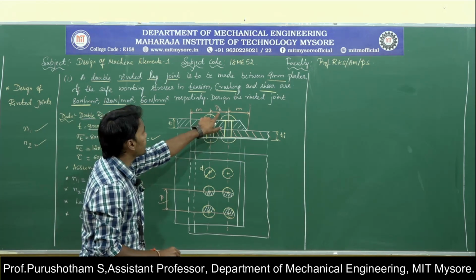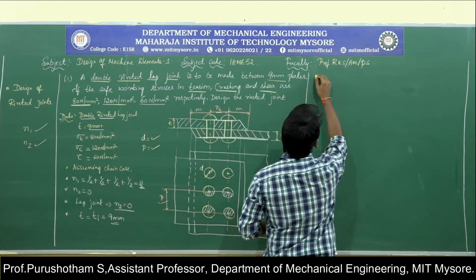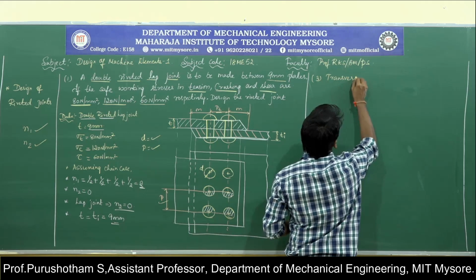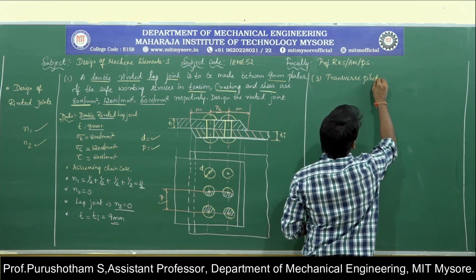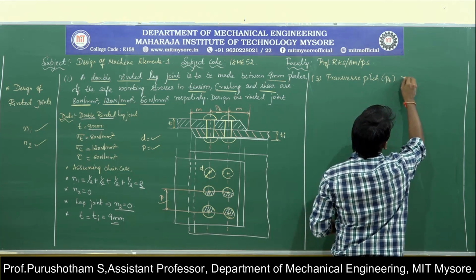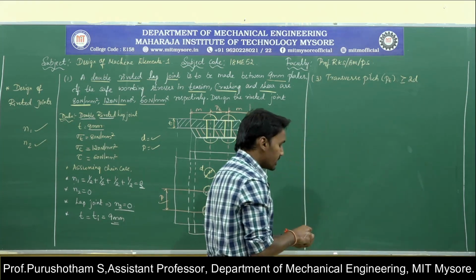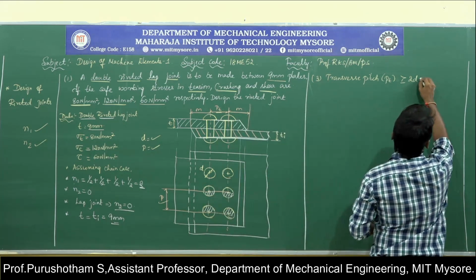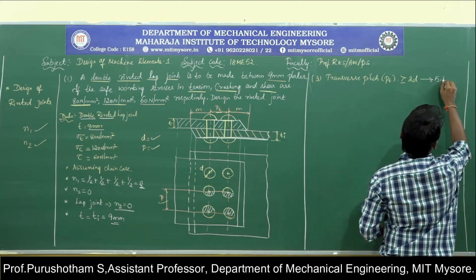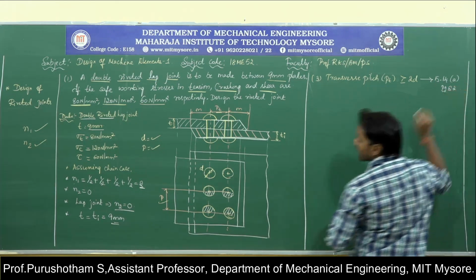Next, we move on to the calculation of transverse pitch. Step number 3 is to calculate the transverse pitch, which is given by PT, greater than or equal to 2 times D. This is also available in the data handbook, equation number 5.14a, page number 82.